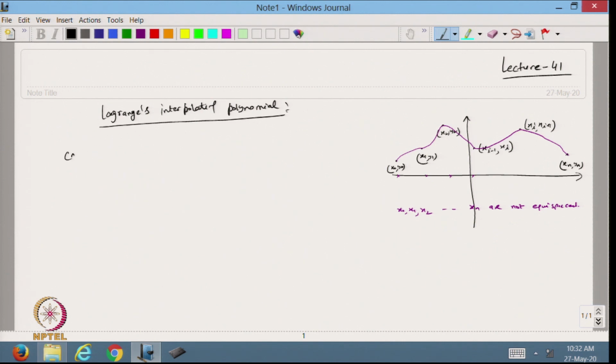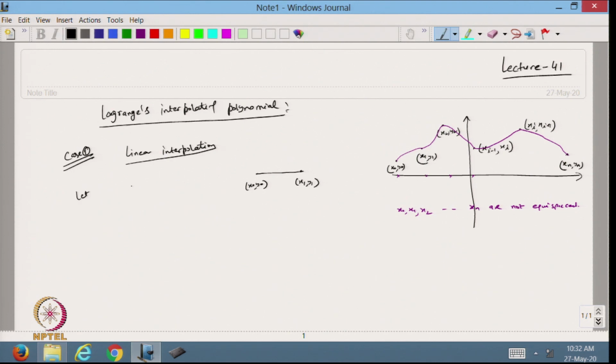I will take case 1, which is linear interpolation. In this case I have only 2 points given to me: one point x0, y0, and another point x1, y1.